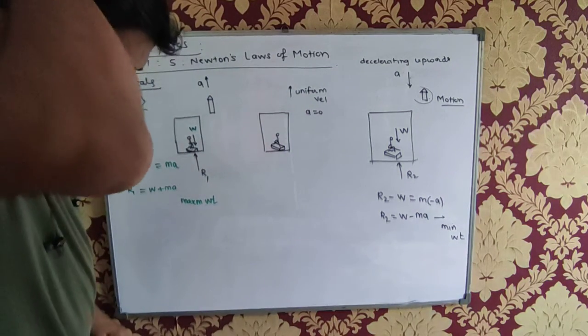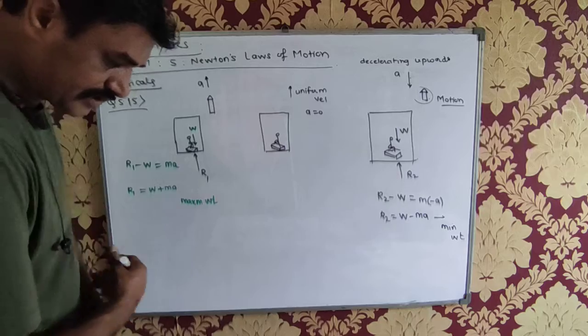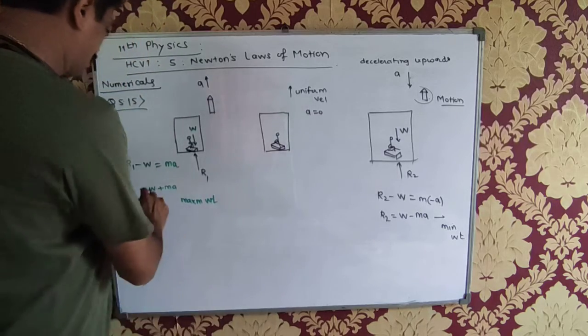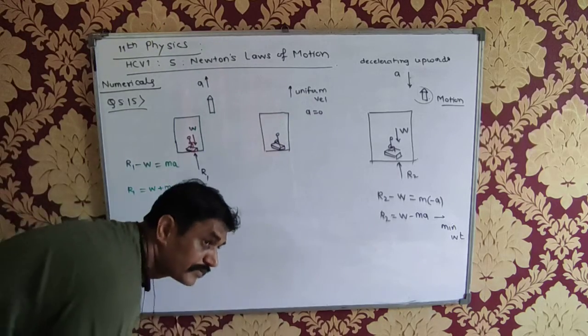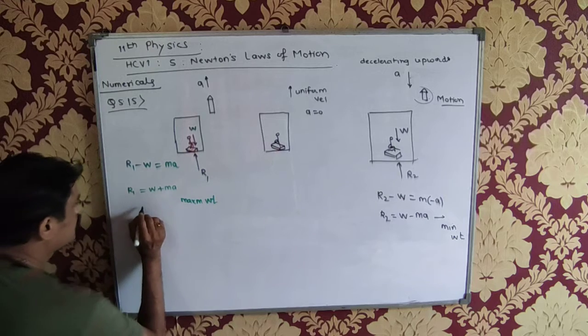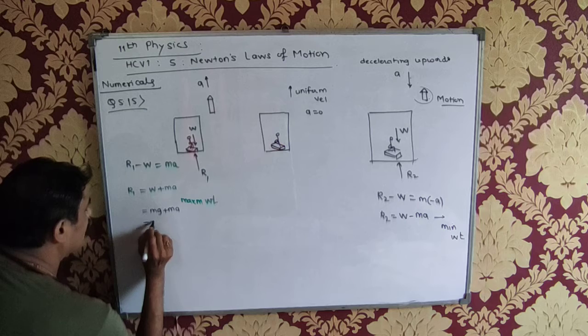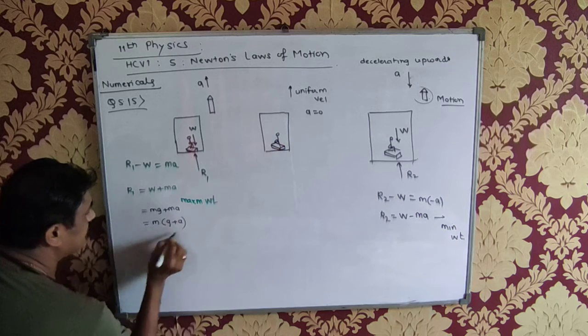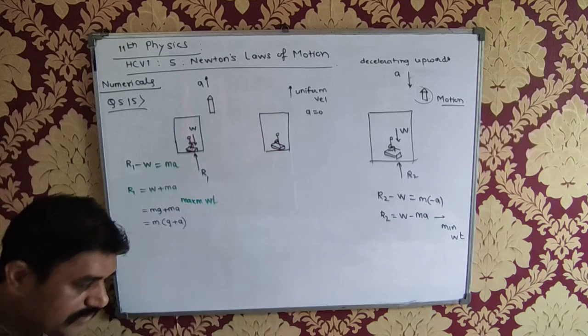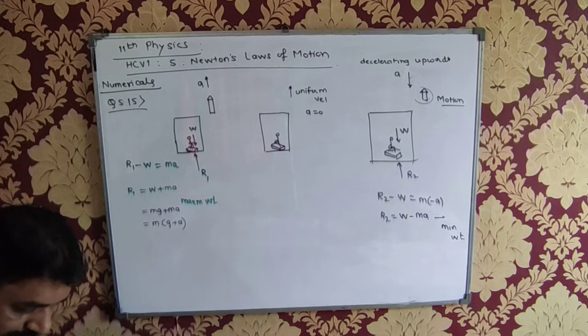Okay. Now I have to substitute here. Basically, weight is nothing but mg. So this is mg plus ma, or m into g plus a, is equal to what is the maximum? It is 72 kg.